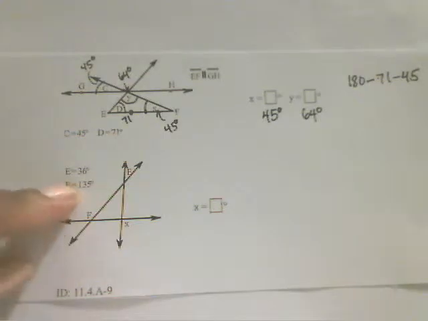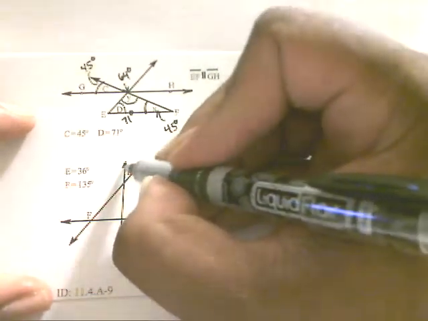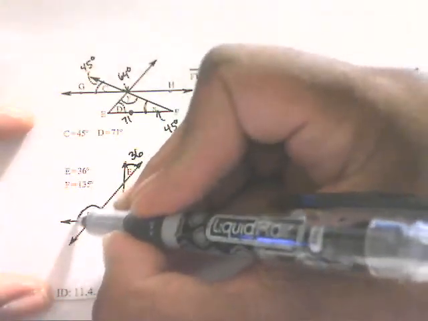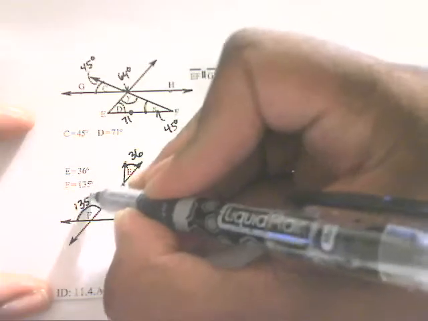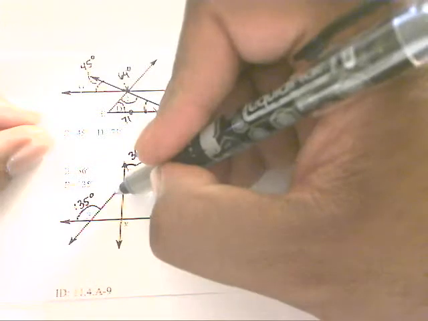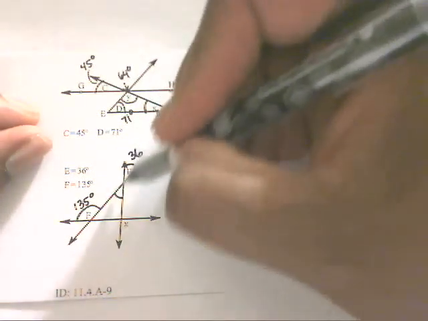Okay, this next figure tells me that angle E is up here. That's 36. Angle F is out here. That's 135. We want to find out what angle X is. Okay, compare angle E with this angle on the inside. Those are vertical angles.